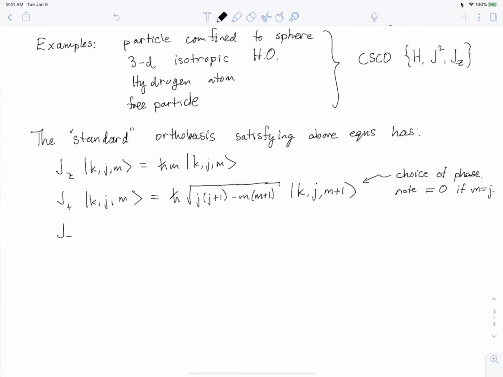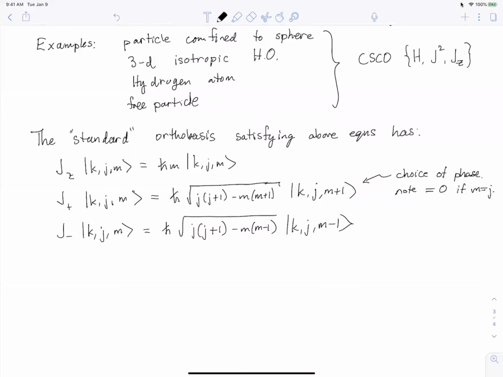Similarly for J minus, this is J times J plus 1 minus M times M minus 1, and it gives you back the state with M one lower. That also involves a choice of phase.